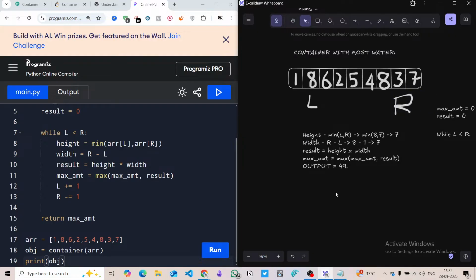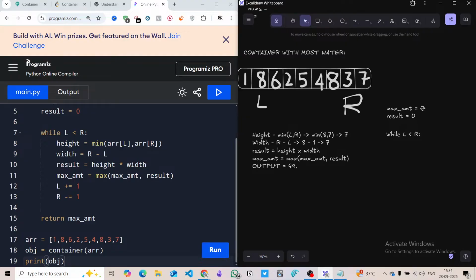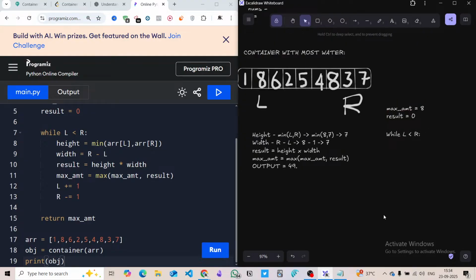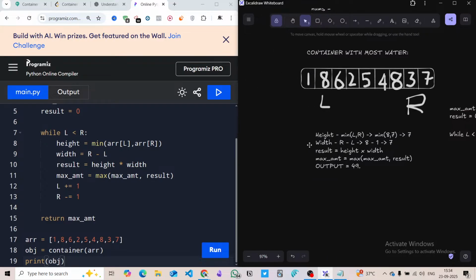So far, our maximum amount is 8. Okay. Now, here the value is 8 minus 3. So 5. Height is equal to 5.